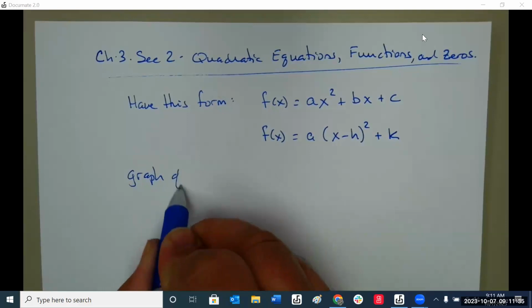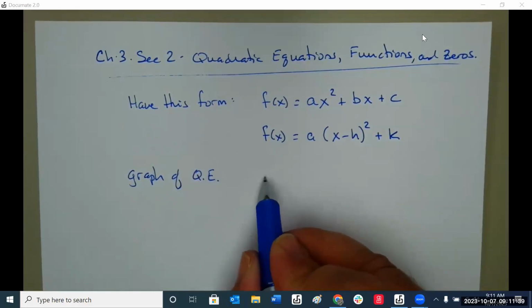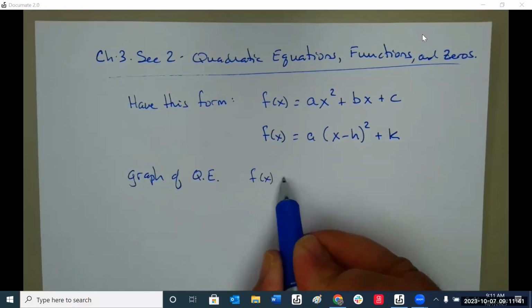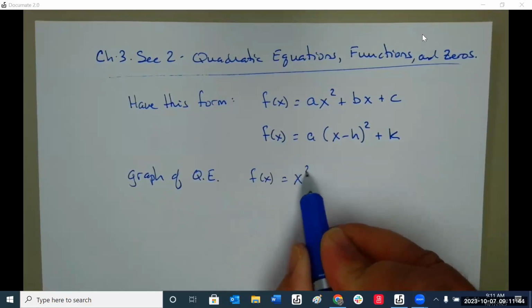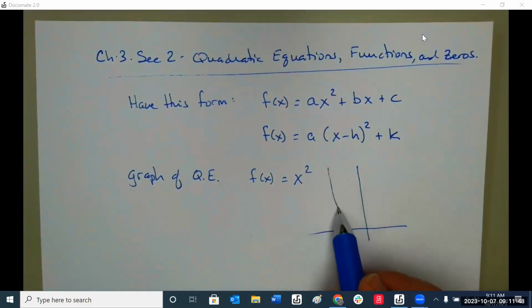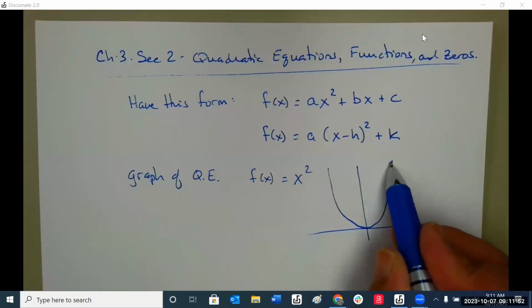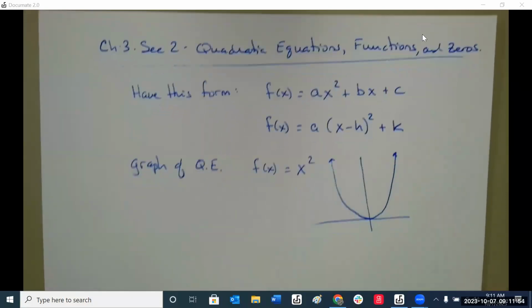What is the graph of a quadratic equation? It's a parabola.